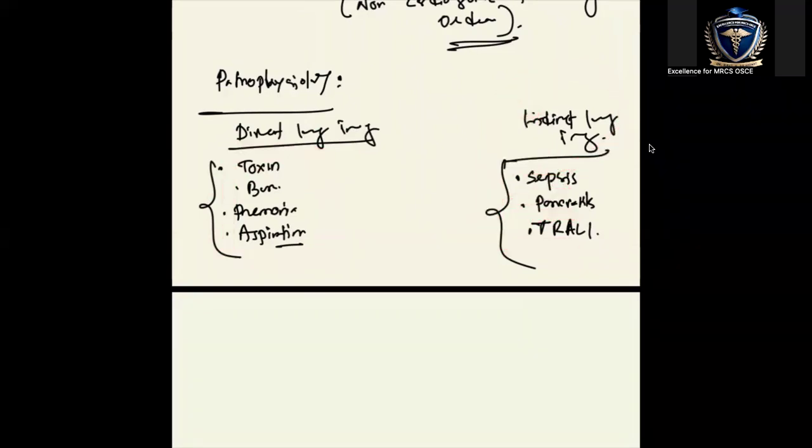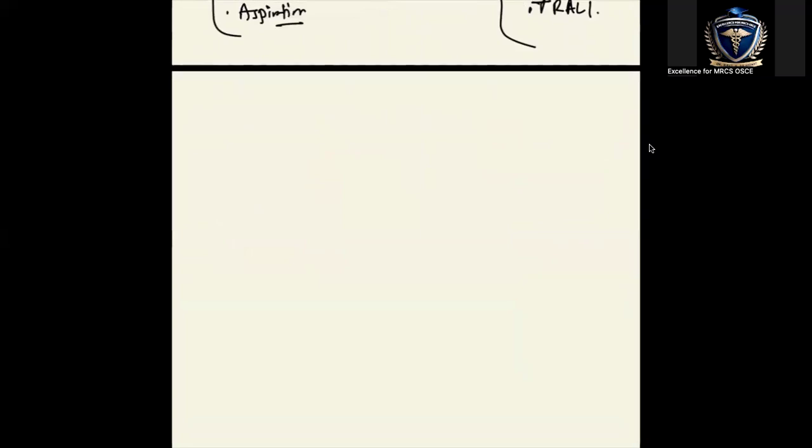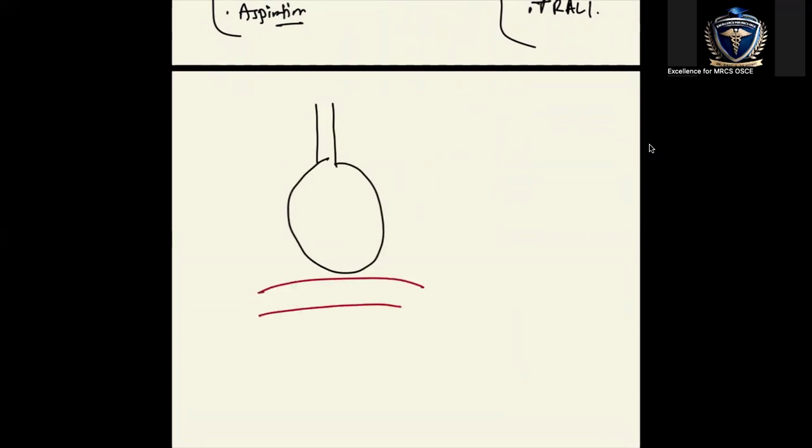So now come to the next point. This is the lung alveoli, and these are the blood vessels, right? There are two types of cells.